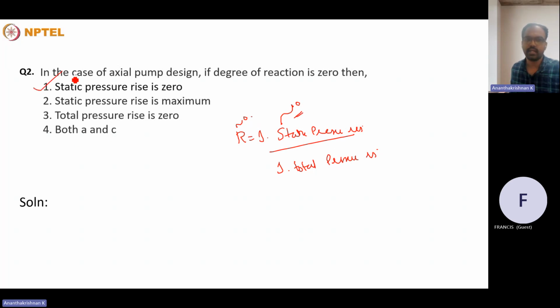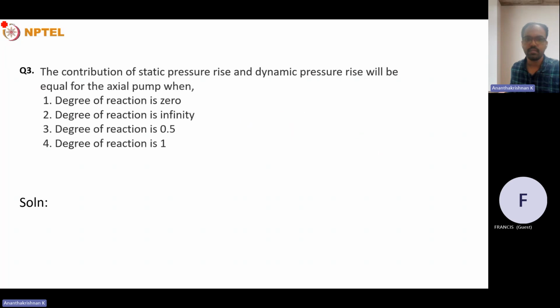Option A is the correct answer. Now we can move to the next problem. These are a continuation of the same concept on degree of reaction, so we can move quickly through these problems so that we can attend the numerical problems towards the end.